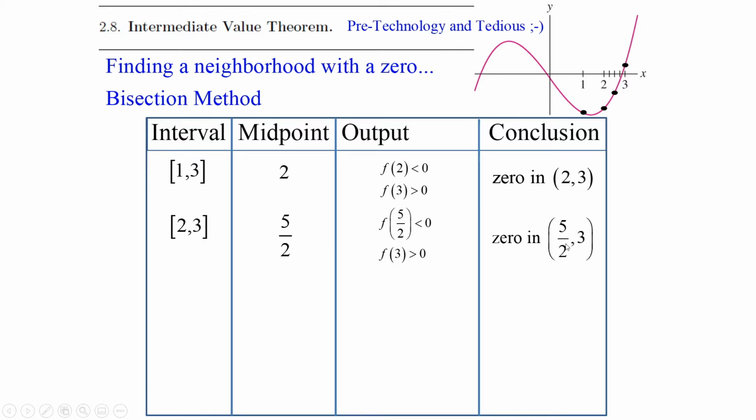So now let's make this a closed interval over here. And now what's the midpoint between 5 halves and, how about I call that 6 halves? Could I think of 5 halves and 6 halves as 10 fourths and 12 fourths?